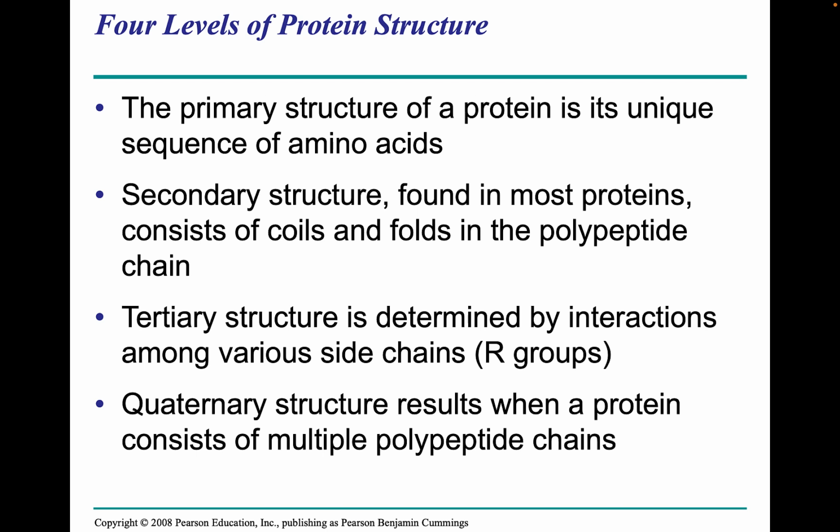Another example of that is collagen. The collagen that has a strong role in our connective tissue consists of 3 polypeptides that are coiled together like a rope. Okay, so that's quaternary structure.